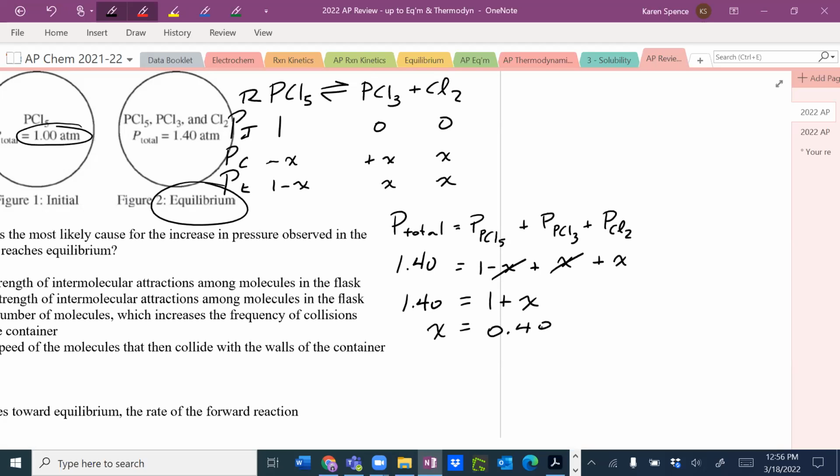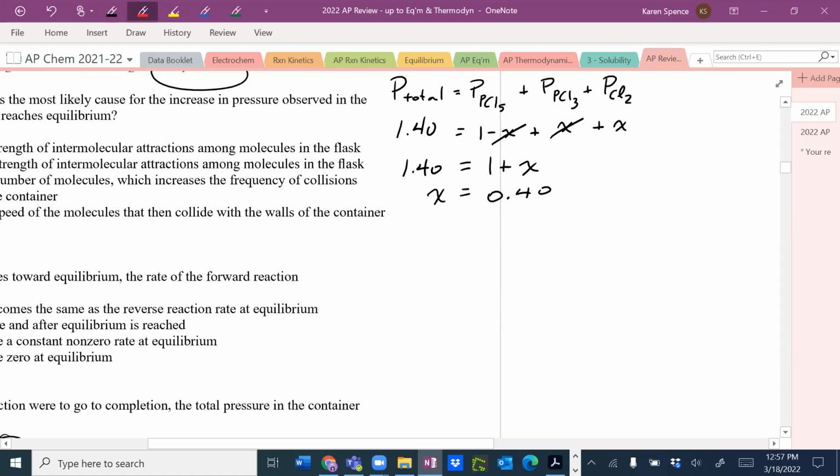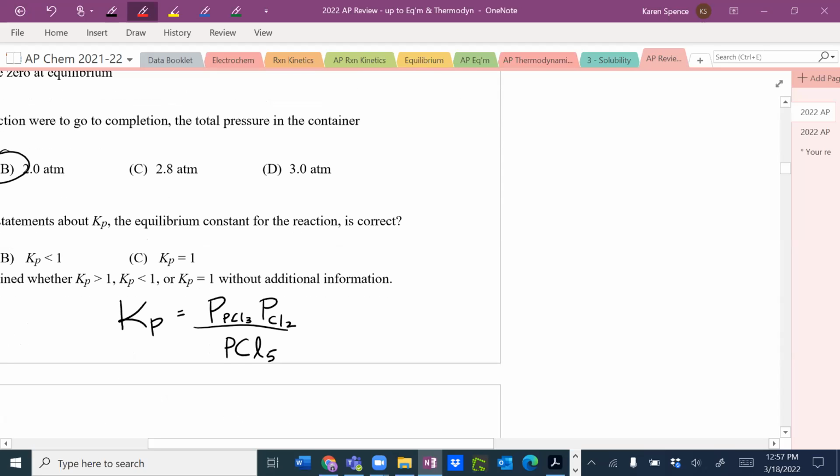So what were we trying to figure out? X is 0.40. We wanted to calculate Kp. Okay, so we have 0.4 squared, because both of these are X. And PCl5 is 1 minus X, which is 0.6.